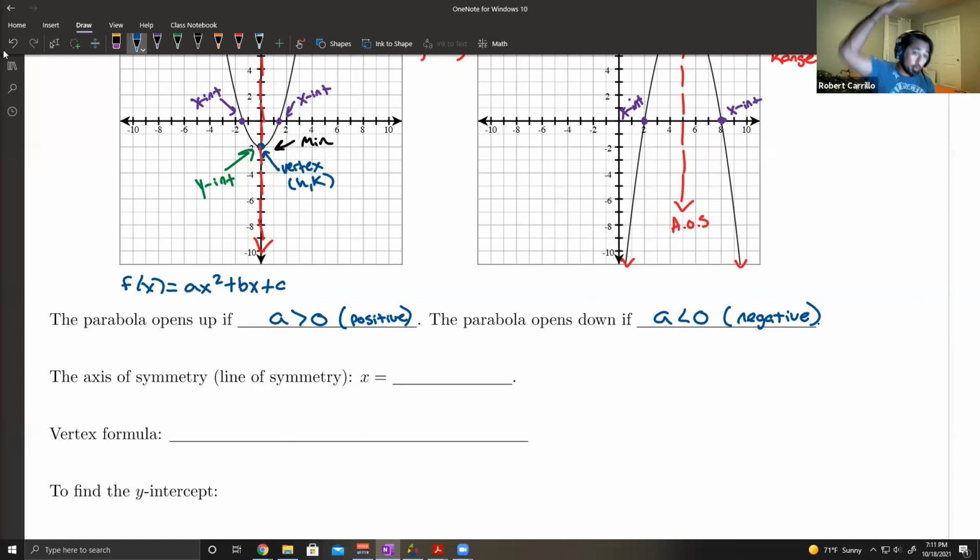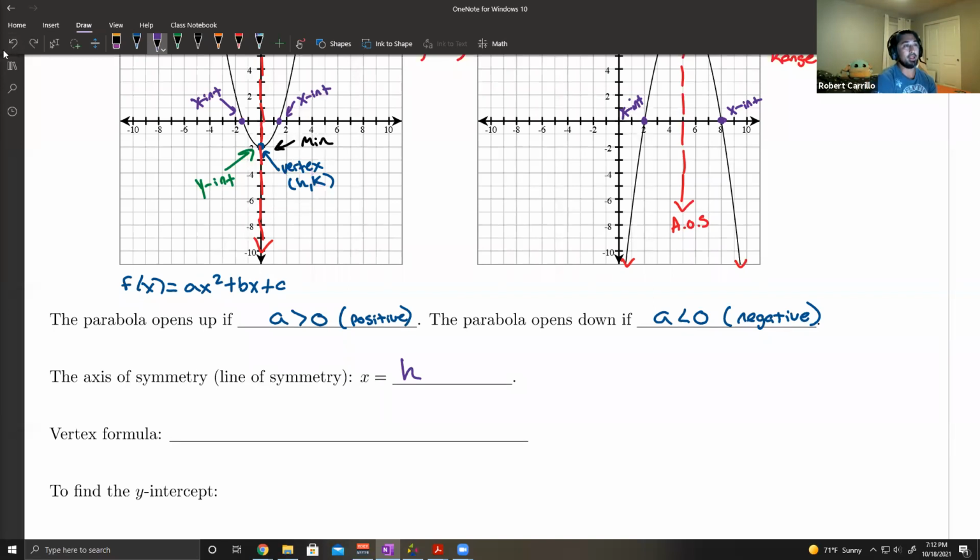Since it's a vertical line, it's going to be x equals, and what's cool about this is that the axis of symmetry is equal to the h value, which is the x value of the vertex. So the axis of symmetry is x equals h. So whatever that h value is of your vertex, that is the value for your axis of symmetry. They go hand in hand.